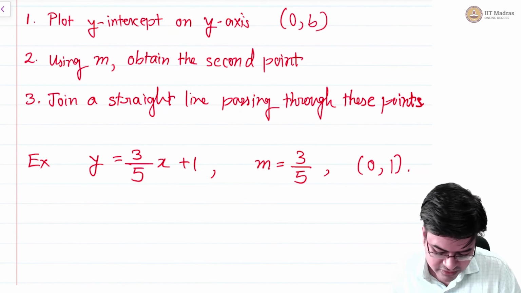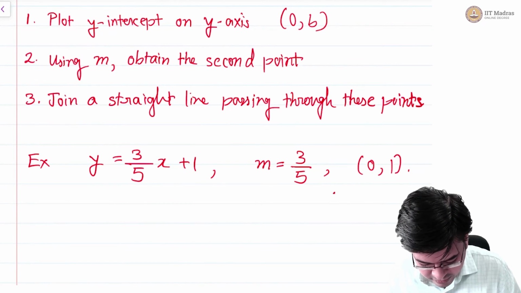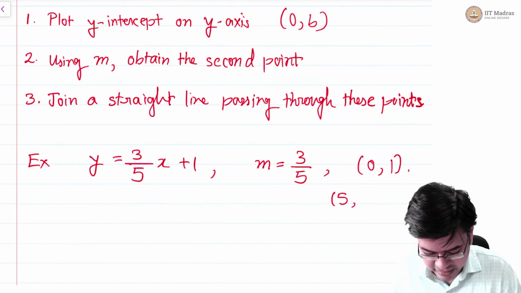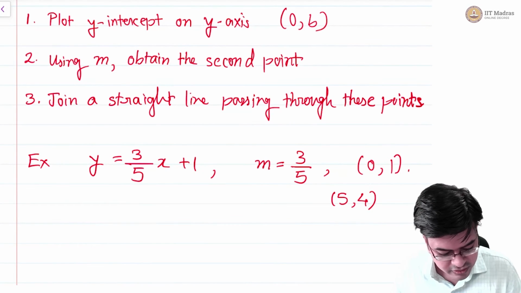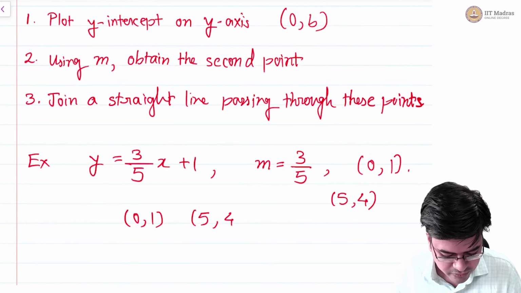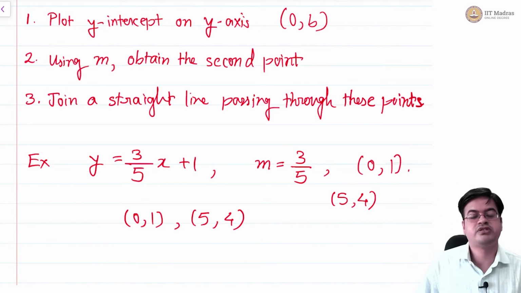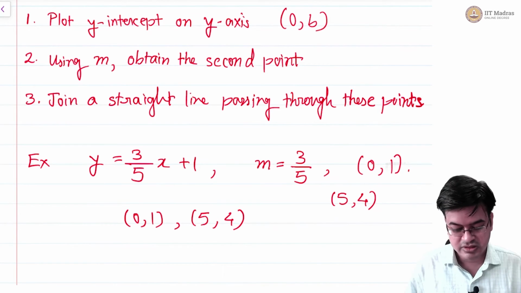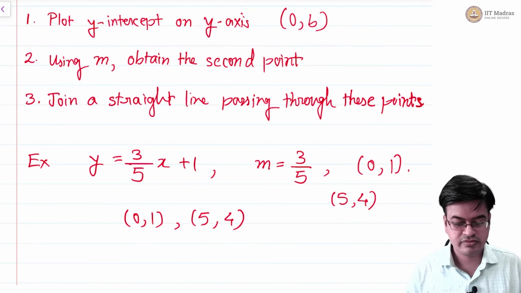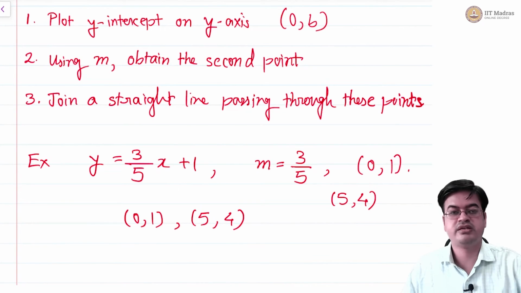Therefore, because I am starting from 0, the x coordinate is 5 and the y coordinate is 1 plus 3, which will be 4. So you have to find a line which is passing through (0, 1) and (5, 4). Plot a line which is passing through these points. That's all you need to do. You can try your hand and you can see how you get the results.